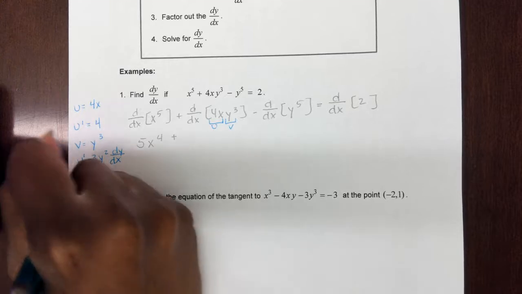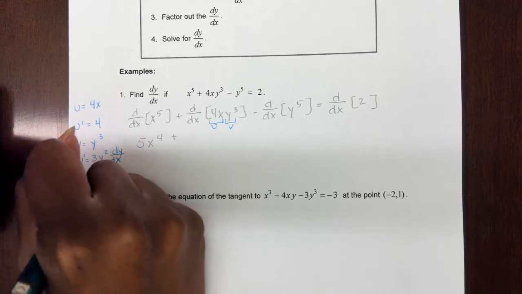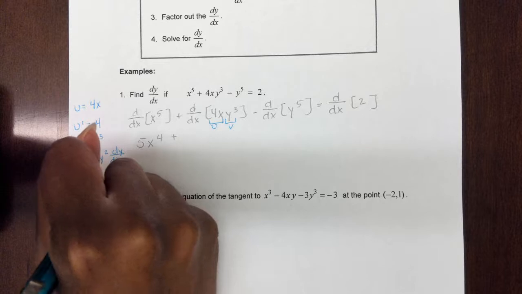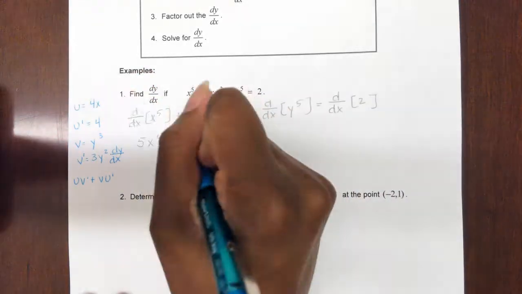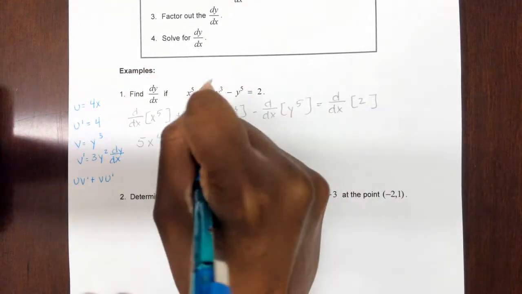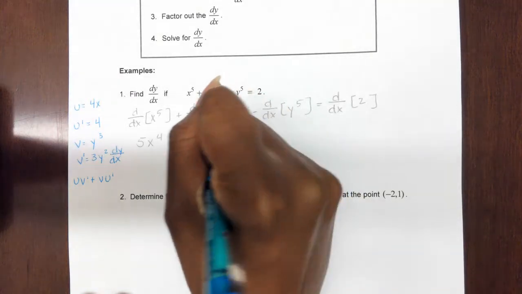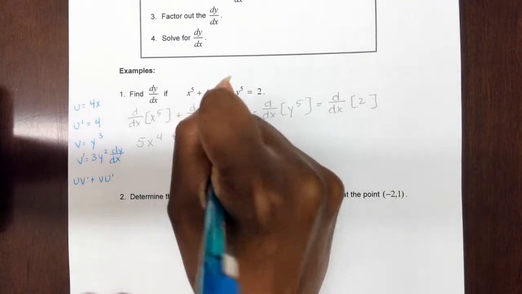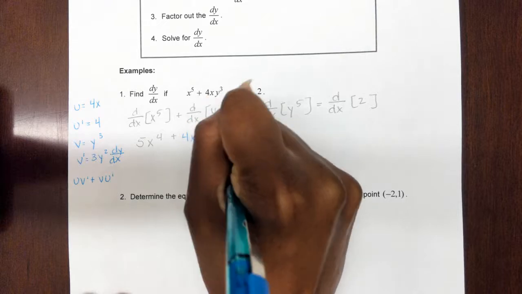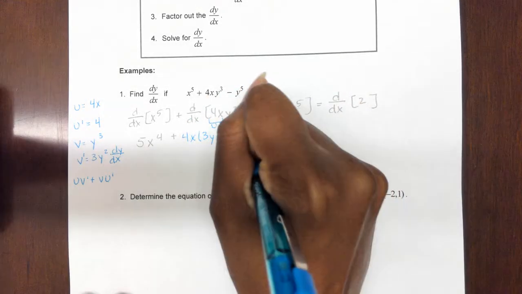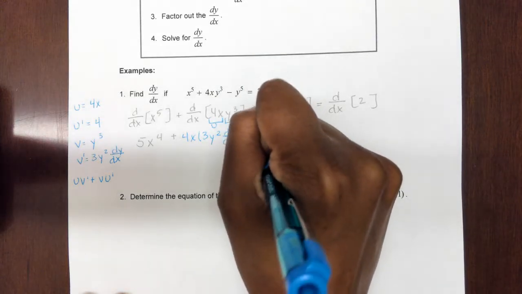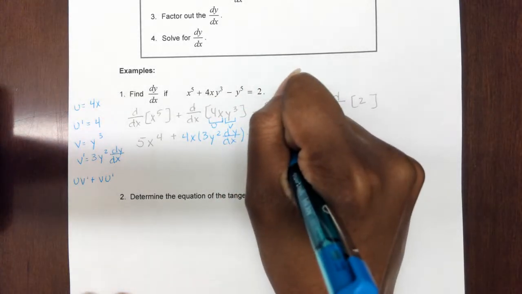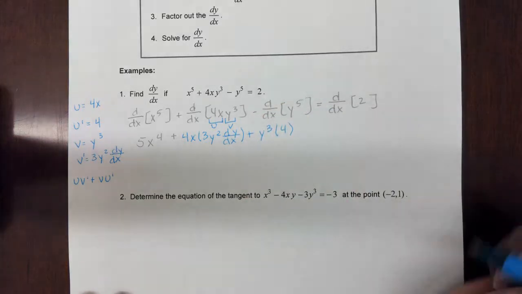And then we have u v prime plus v u prime. So we have 4x times 3y squared dy/dx plus y cubed times 4.